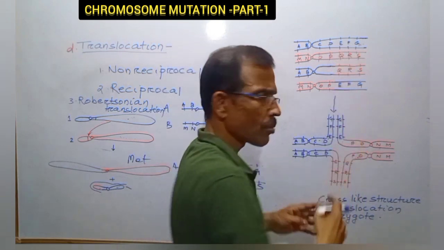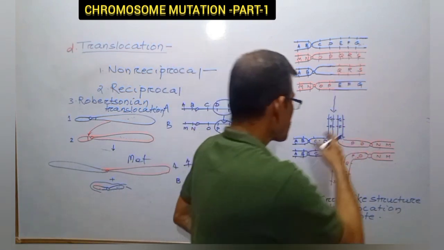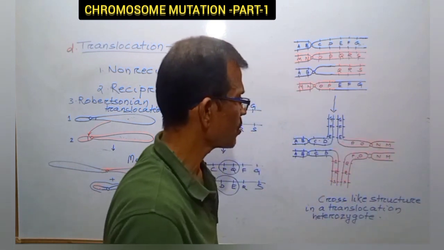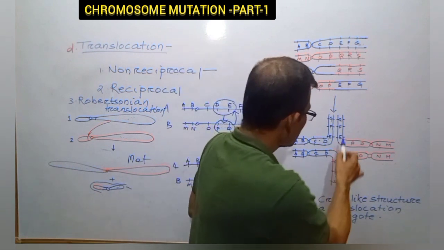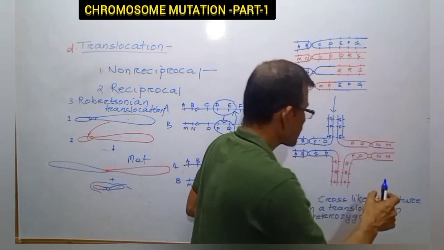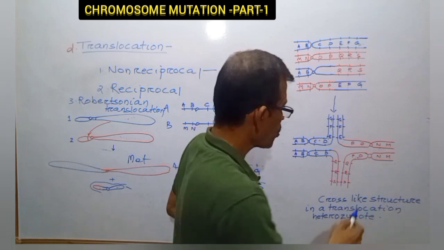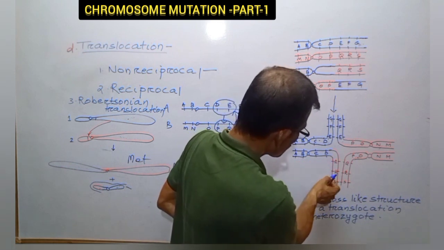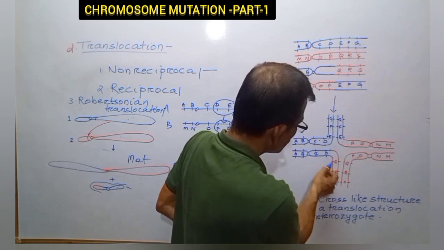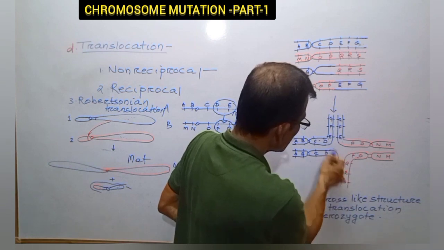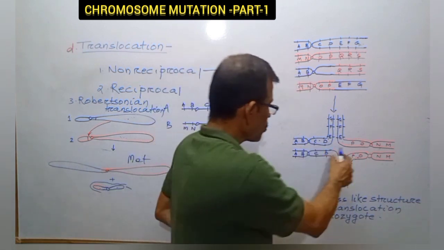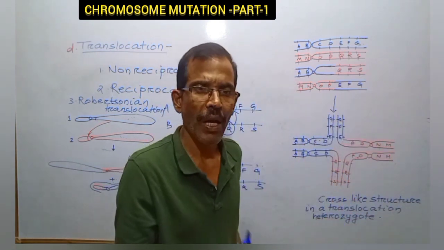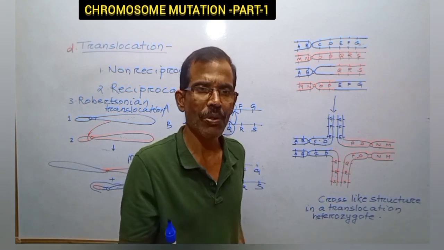When such chromosomes associate, a cross-like structure is formed in a translocation heterozygote. In this structure, this copy of the chromosome has sections which are homologous to these two chromosomes. Similarly, this copy of the chromosome has two sections which are homologous to these two different chromosomes. Due to this relationship, a cross-like structure is formed in a translocation heterozygote.